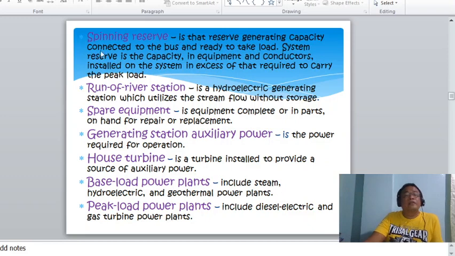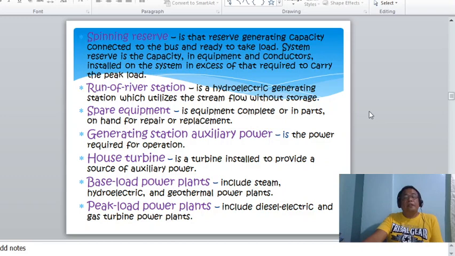System reserve is the capacity of equipment and conductors installed on the system in excess of that required to carry the peak load. Another definition, we have run-off river station, which is for a hydroelectric power plant. Another is spare equipment: equipment, complete or in parts, on hand for repair or replacement.